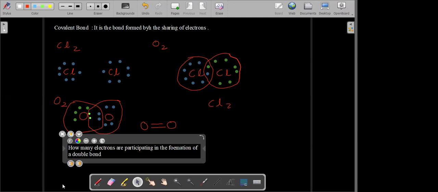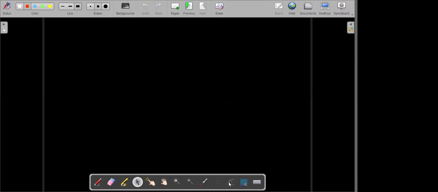Next we see about the carbon atom. Now let's move to the carbon atom. What type of bonds are formed by the carbon atoms? Okay, so let's see what type of bonds are formed by carbon atoms and why.